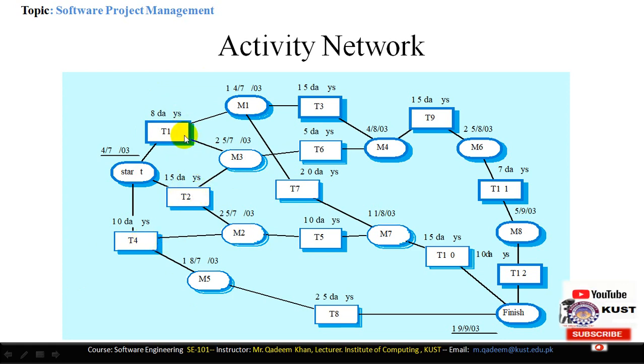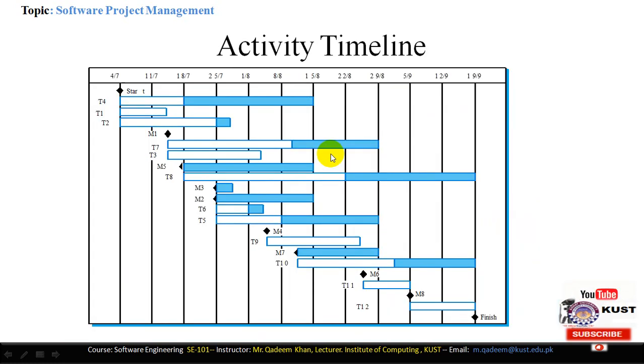So T2 is common for M2 and M3. So M2 and M3 are both completed on the same day, 25/7/2003, because T2 is common among these two. So after M3, T6 can be started. T6 requires 5 days.